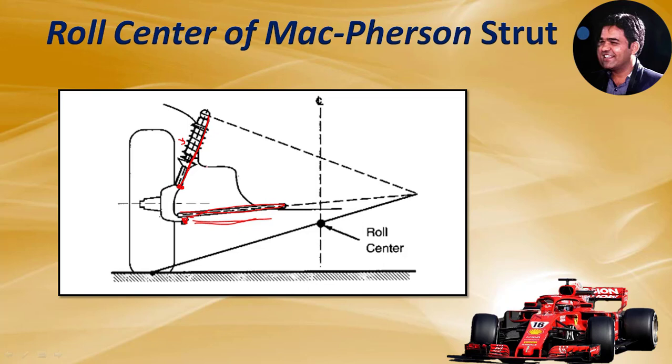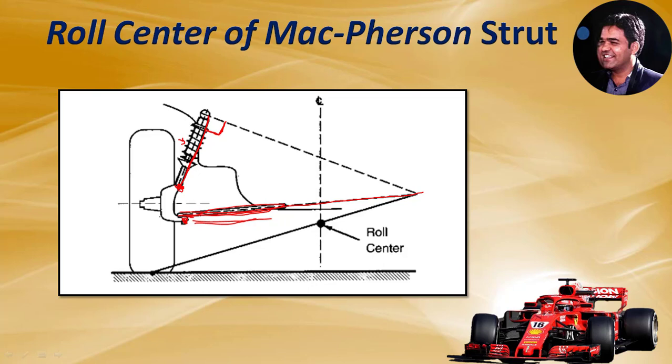I hope you are aware of how to identify the roll center for a vehicle suspension equipped with two A-arms. In a similar method, we extend the line from the lower arm at this point, and then we extend a line which is exactly perpendicular to the strut mounted at the upper point of the knuckle. I am saying 90 degrees, exactly perpendicular.